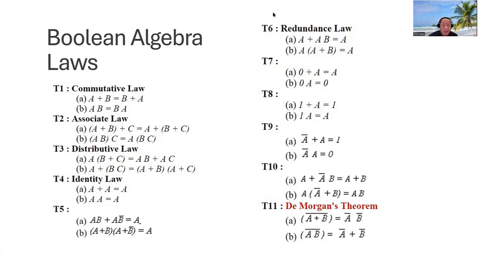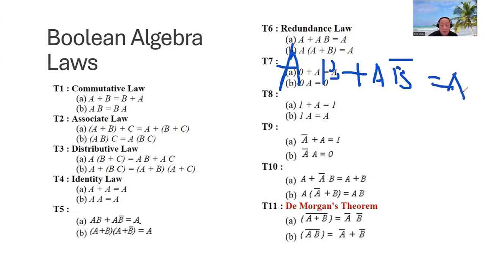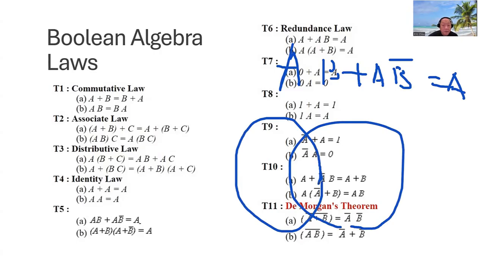Number 5, let's have AB or AB bar equals A. When you have AB, it means in A and in B. In A and in B is this part. This one is in A but not in B. In A not in B is this part.